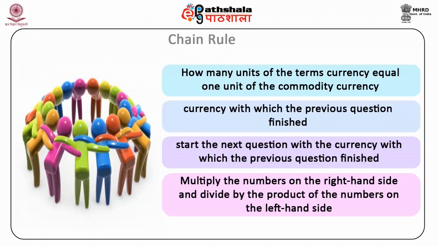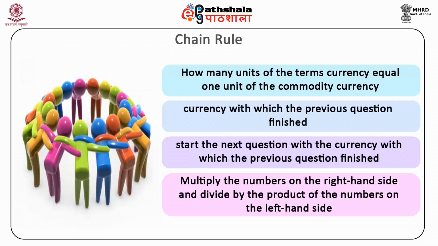How many yen is equal to 1 Hong Kong dollar? 7.8 Hong Kong dollar is equal to 1 US dollar, and 1 US dollar is equal to 100 yen. 1 Hong Kong dollar is equal to 1 into 1 into 100 divided by 7.8 into 1 yen, which is equal to 12.82 yen.